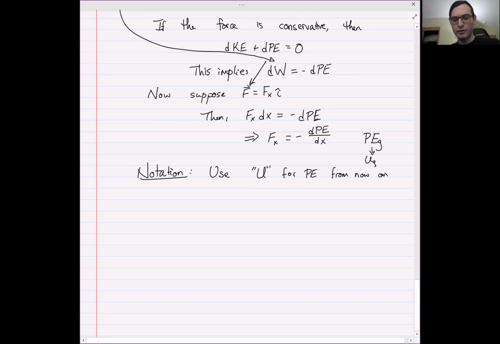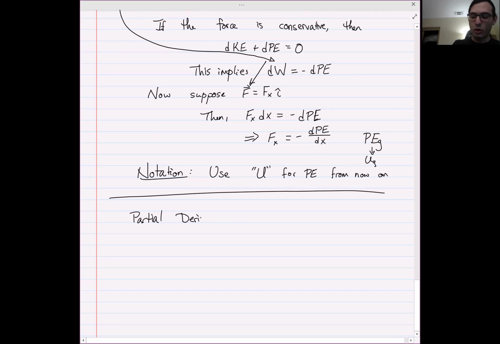Partial derivatives will be outlined in the textbook online as well, so check that out. But just as a quick aside, a partial derivative is super easy if you haven't seen them before. It's just a regular derivative. And that's basically it.